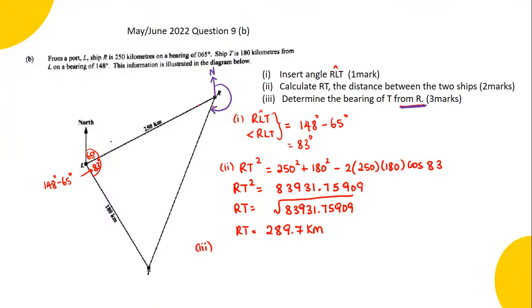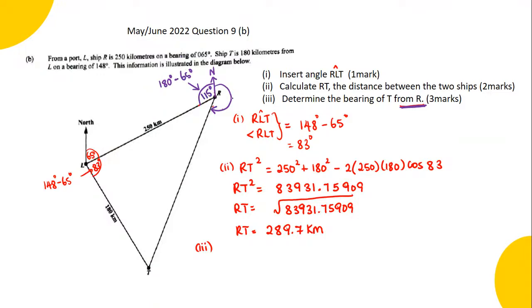Now, this angle here and this angle here add up to 180 degrees. So if these two angles add up to 180, to find this missing angle, it's simply 180 degrees take away 65 degrees. 180 degrees take away 65 degrees will give us 115 degrees, right?